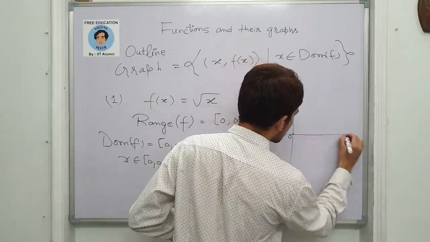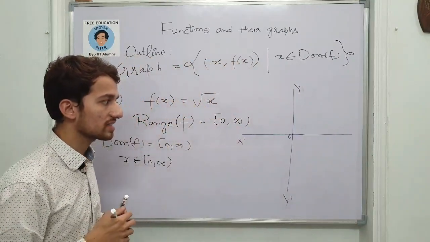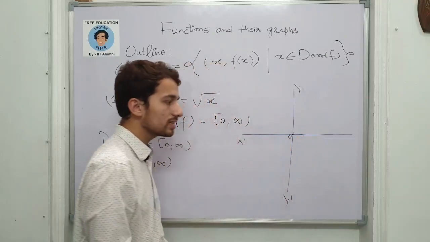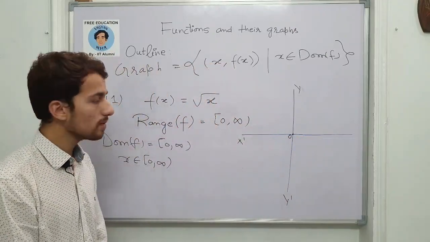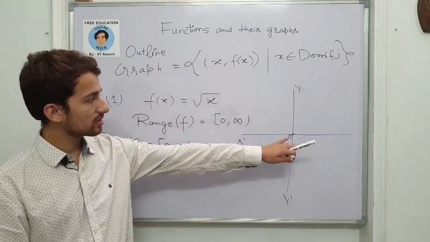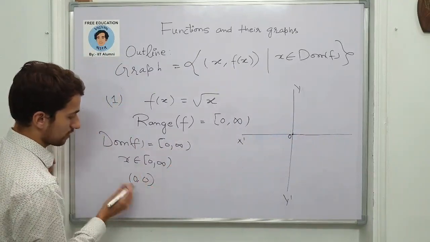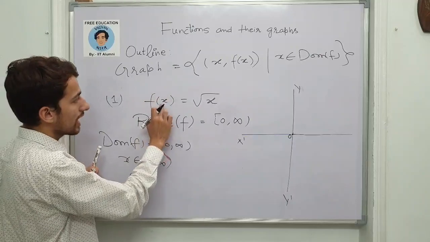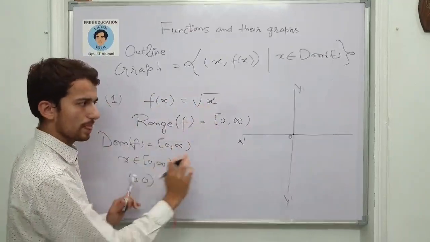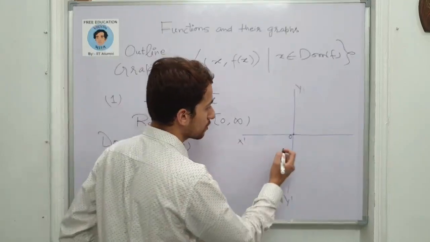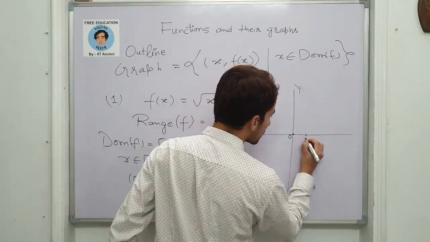If I now extend this positive part of the x-axis, corresponding to the point 0, I have an output 0. So this is the point (0, 0). Corresponding to x equals 0, f(0) is the square root of 0, which is indeed 0. If I now choose my x to be, suppose, 1.